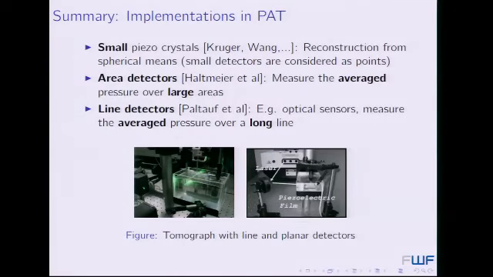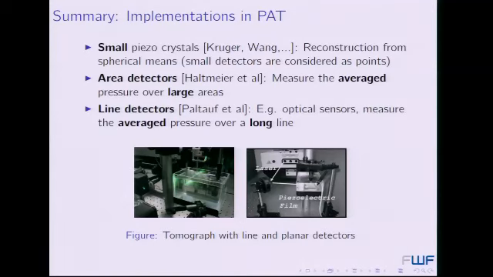So usually these are considered as very small arrays, and in the reconstruction formulas later on, they are considered as points.